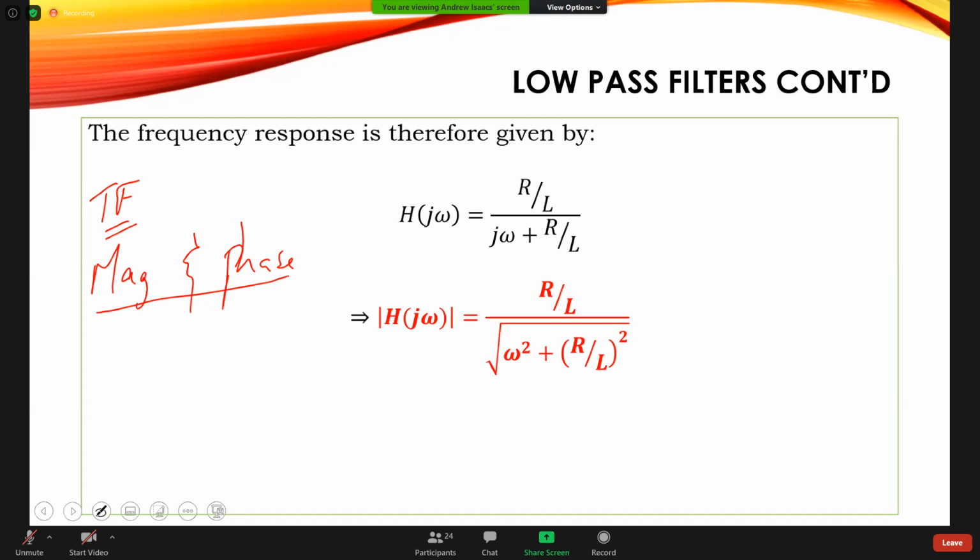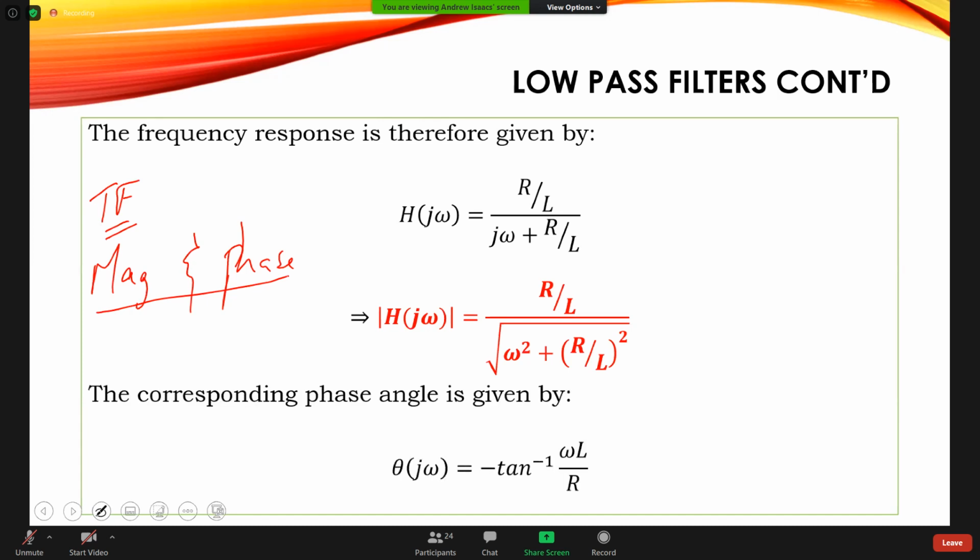So that's the magnitude. And the corresponding angle will be given by the negative of the inverse tan of omega L over R.